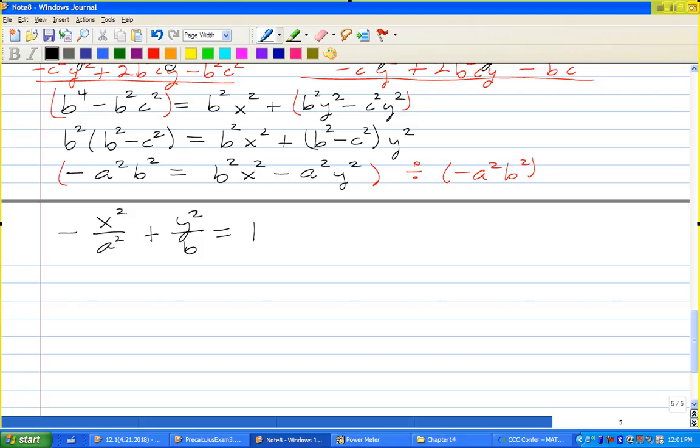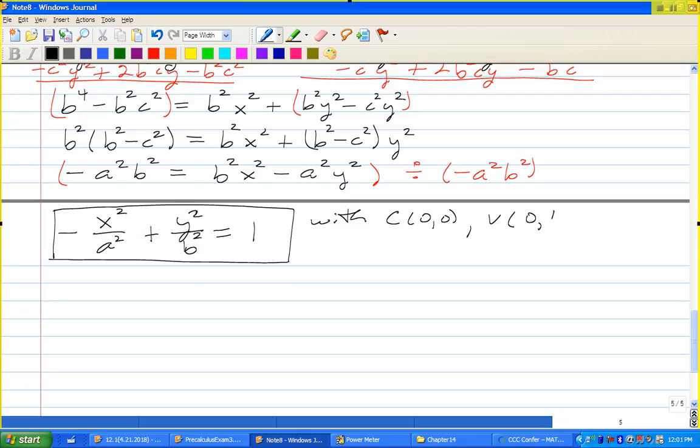And so that's the equation of my hyperbola centered at the origin, with vertices at 0, plus or minus b, and the imaginary vertices at plus or minus a, and with foci at 0, plus or minus c.